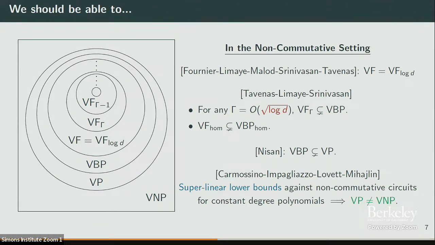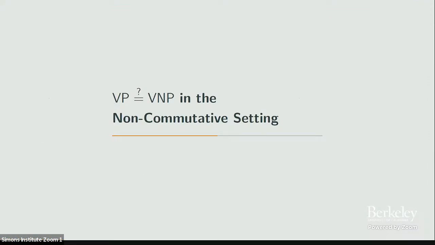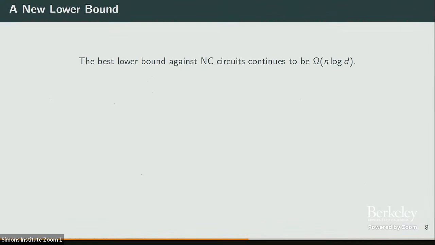What is the status of VP versus VNP? Unfortunately, the best lower bound that we know against non-commutative circuits continues to be the same thing that we know for commutative, which is Baur and Strassen. So what we asked is, can we at least do better if we assume that the circuits are homogeneous?